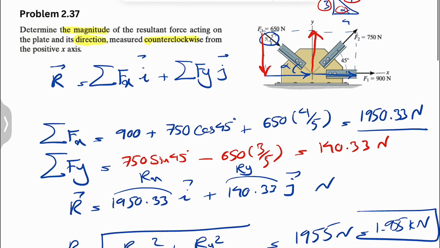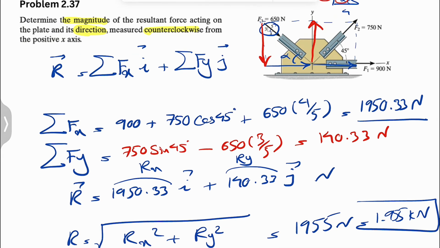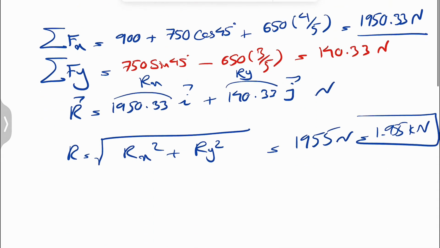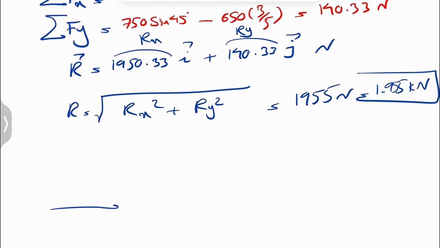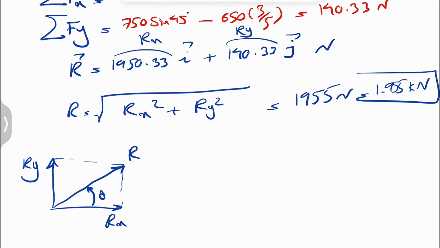We also have to find the direction counterclockwise. We found that Rx and Ry are both positive. So our R would be something like this, and the angle counterclockwise from the x-axis is this angle. We can call this one theta, and this will be our Ry, and this will be Rx, and the resultant would be R. For finding theta, we just have to find the tangent inverse of the opposite over the adjacent.